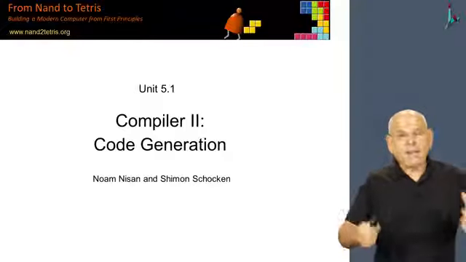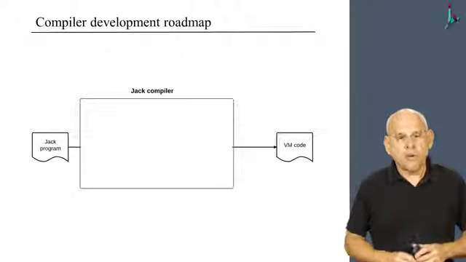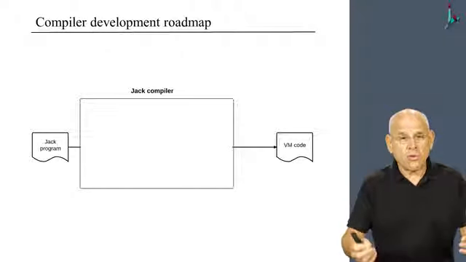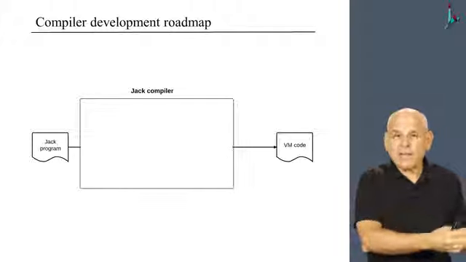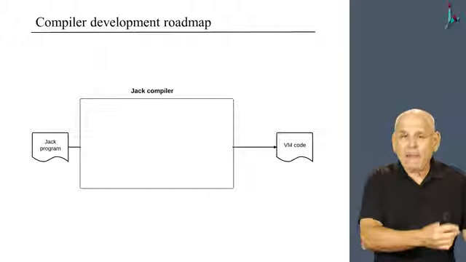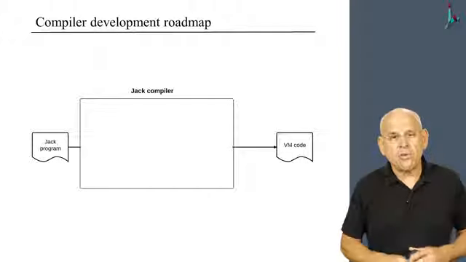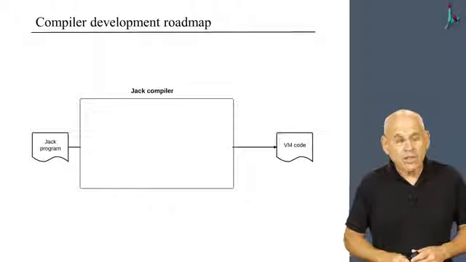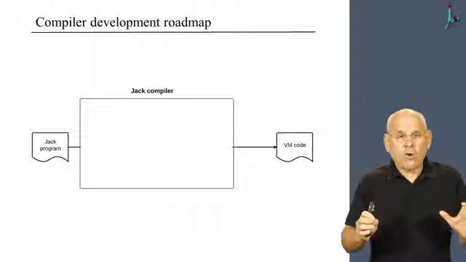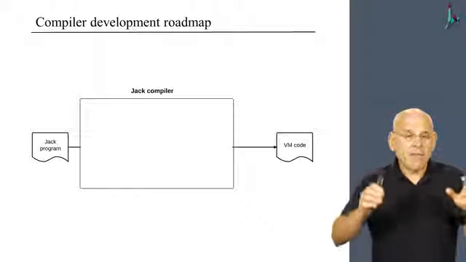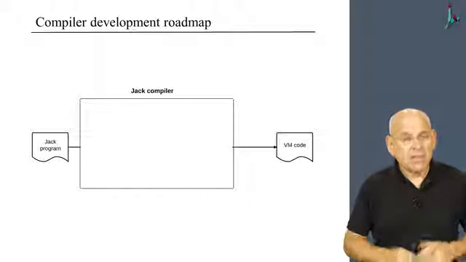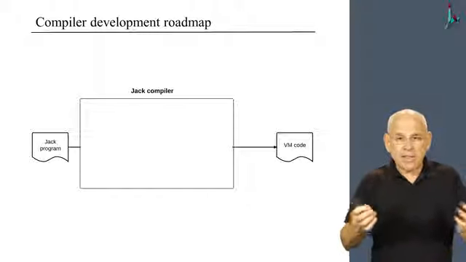So with that, let us go back to the overall roadmap. Now, that's what we want to do. We want to write a compiler that translates programs from the Jack language into machine language. And in this course, we decided to write a two-tier compiler, just like the compilers of Java and C#.